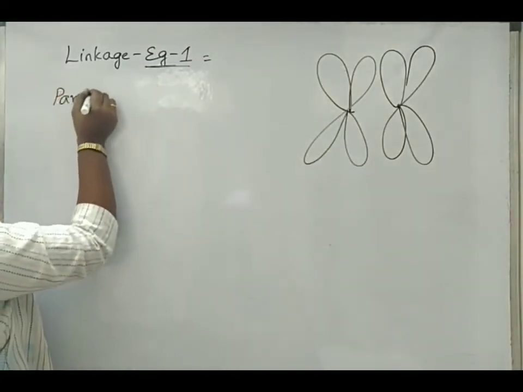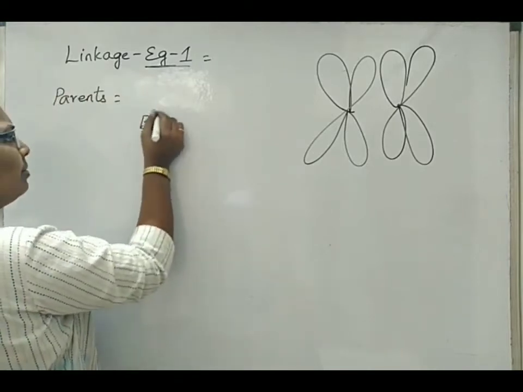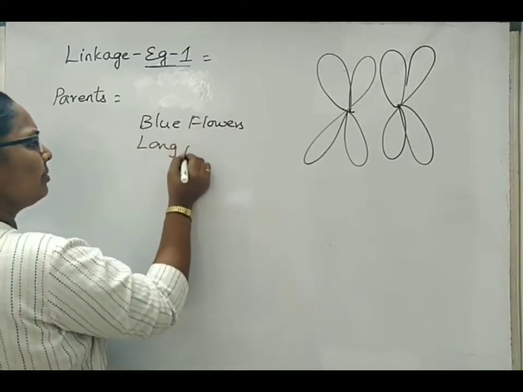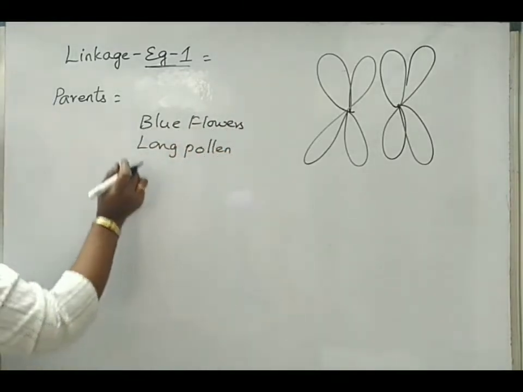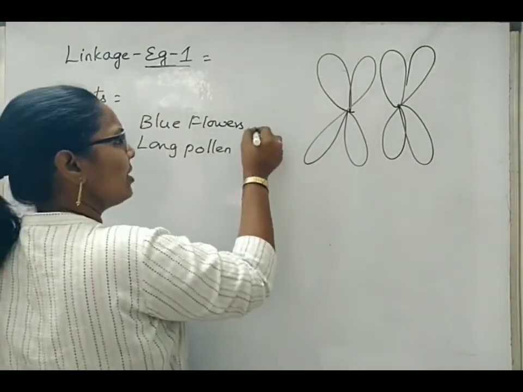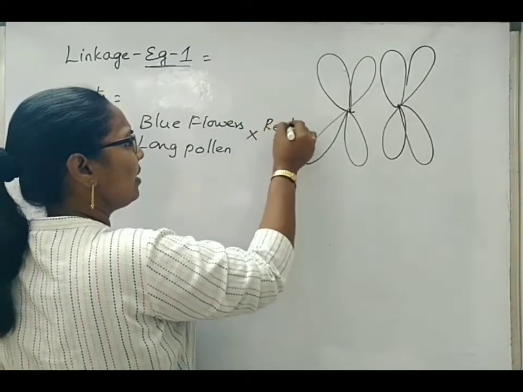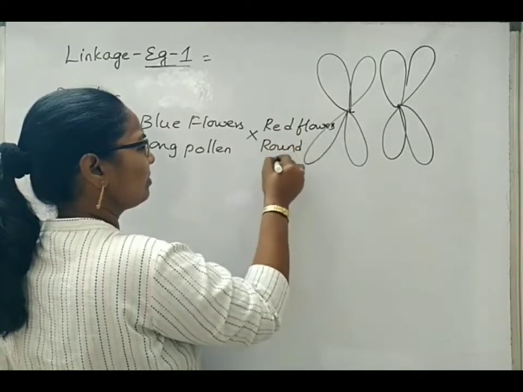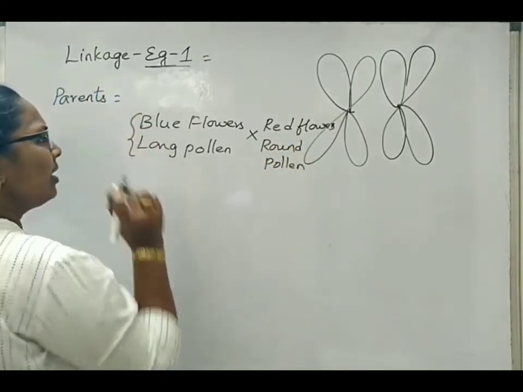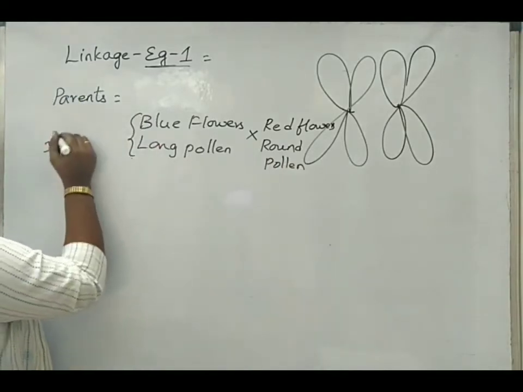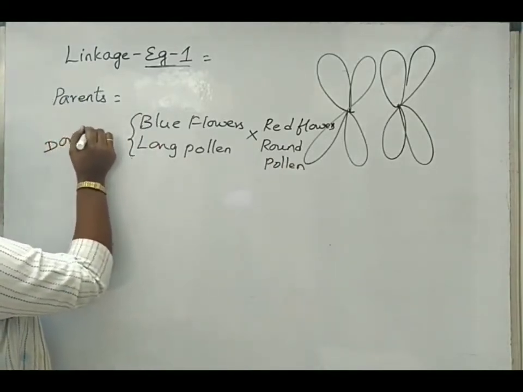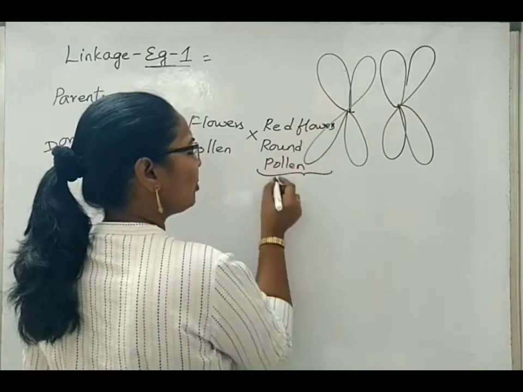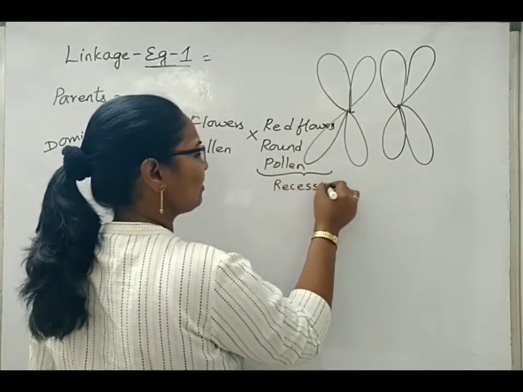As parents, Bateson and Punnett took blue colored flowers, which are dominant, with long pollen, and crossed them with red colored flowers with round pollen. Blue color and long pollen are dominant traits. Red flowers and round pollen are recessive traits.